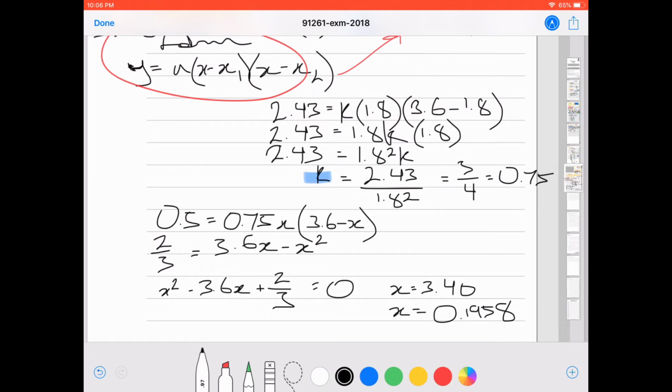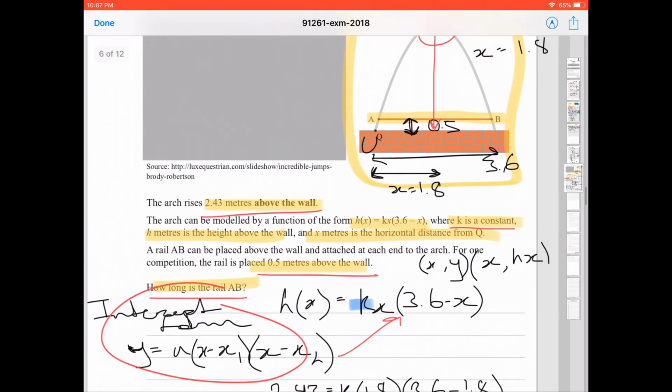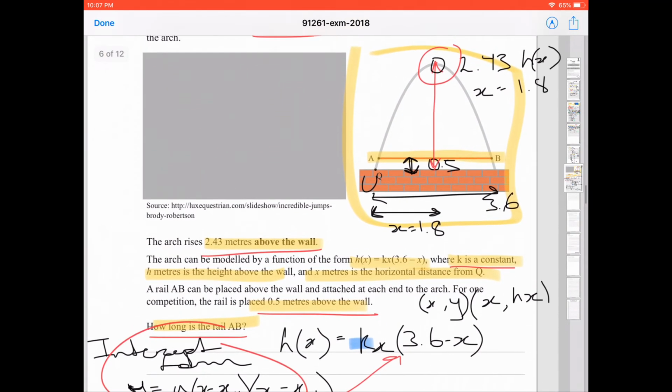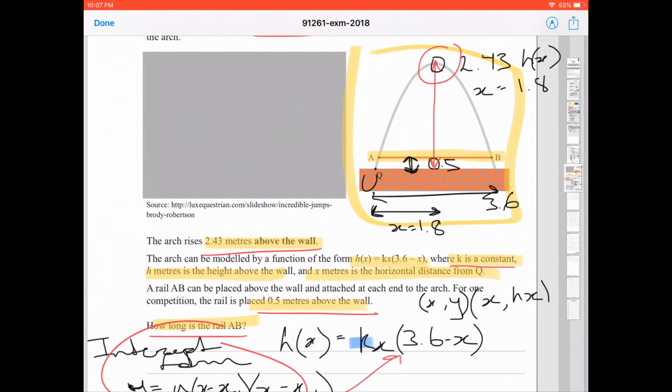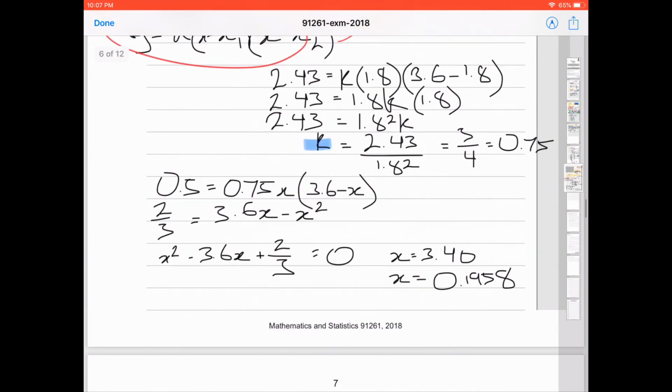Now we've ended up with two values for x, so what have we got here? I think these values for x correspond to the x values at A and B, right? And that makes sense, because if our initial point is x equals 0, then the x value for A won't be too much larger than that, and that is 0.1958.